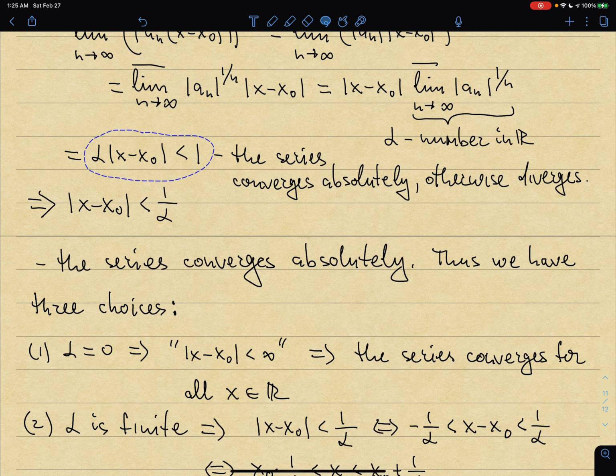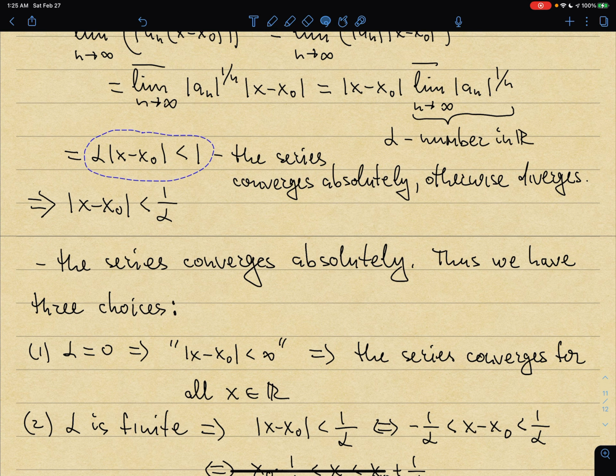If alpha goes to infinity, then if x is not equal to x0, x minus x0 is a positive number, and alpha going to infinity times a positive number still goes to infinity. Infinity is not less than 1, so for any x, the series is not going to converge, except for one case.